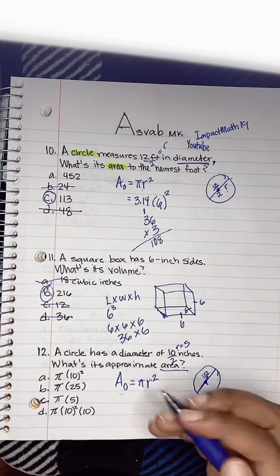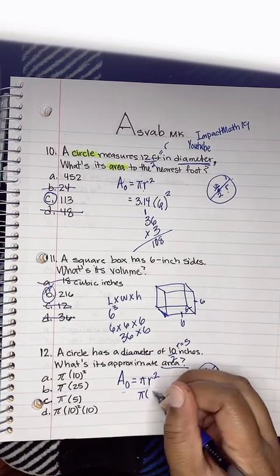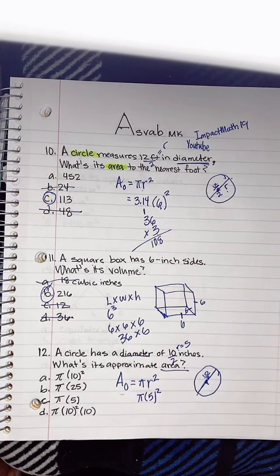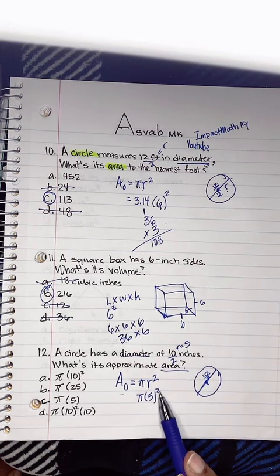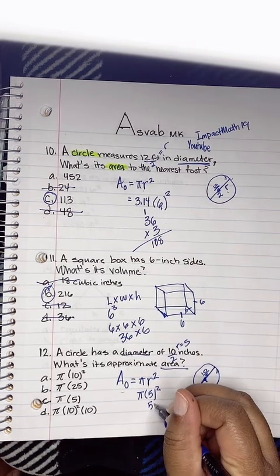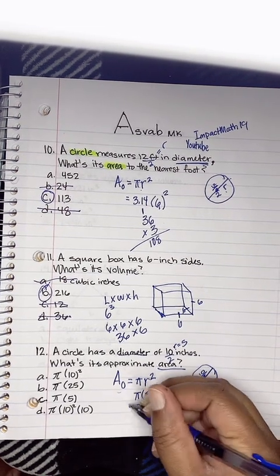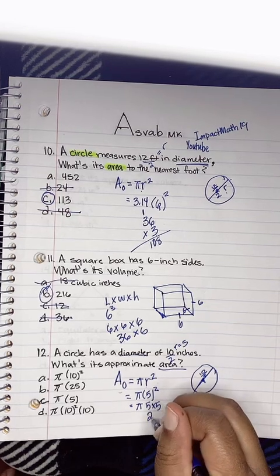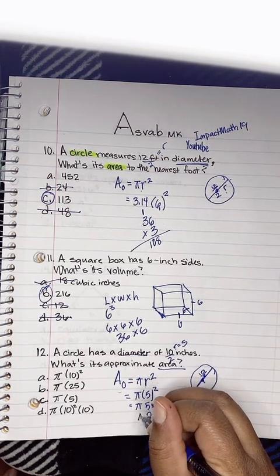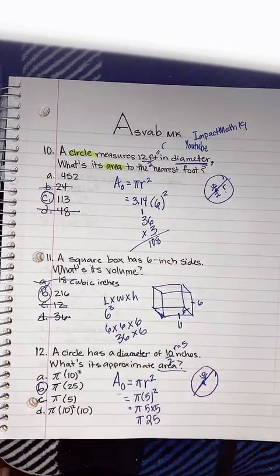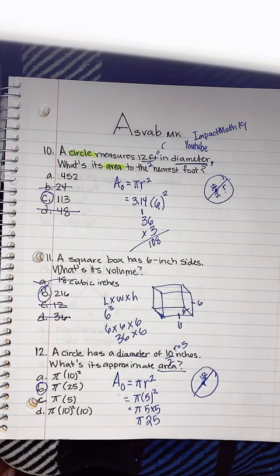We're going to put pi times 5 squared. Well, 5 squared is 5 times 5, never 5 times 2. It's 5 times 5, which is 25 pi. So B is our answer.